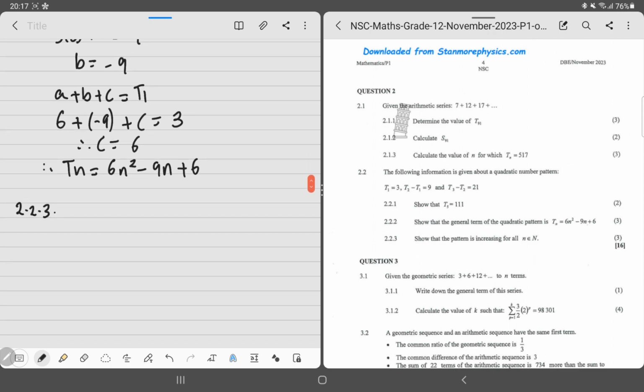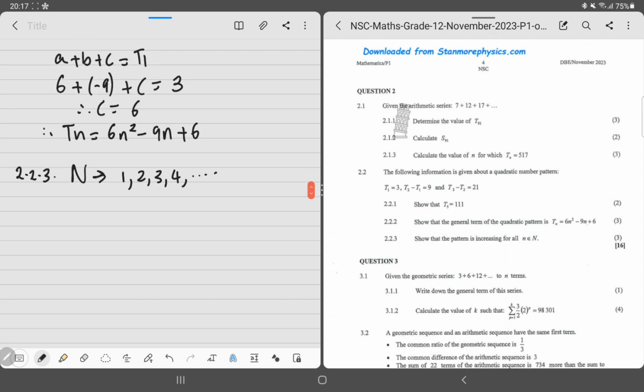Show that the pattern is increasing for all n values that are elements of the natural numbers. Natural numbers are given by 1, 2, 3, 4, and so forth. It is important to note that the general formula of a quadratic pattern is exactly like that of a parabola.